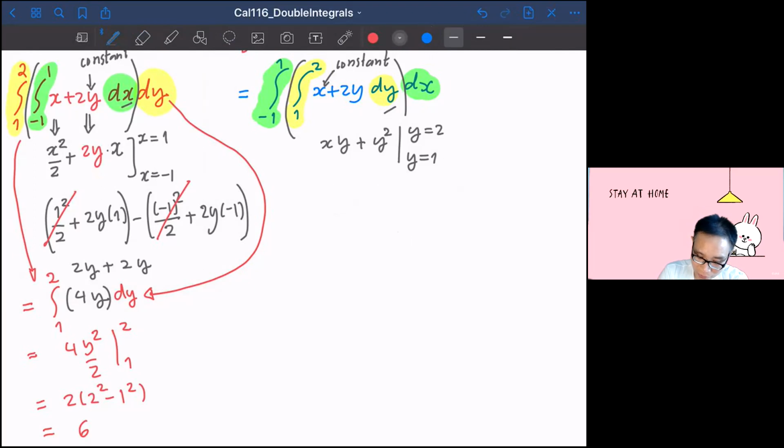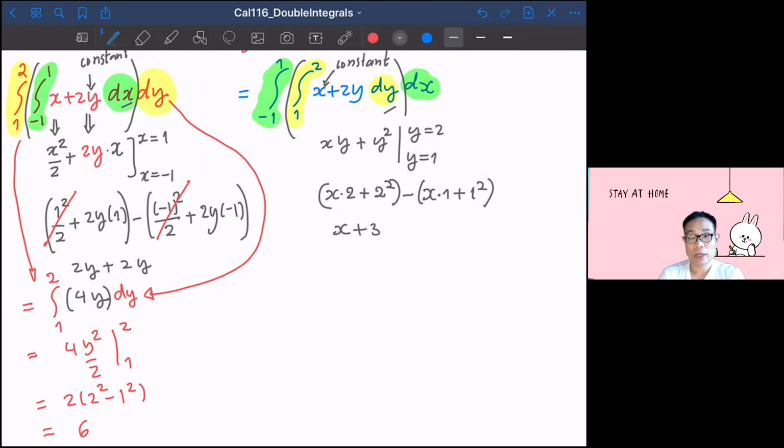So this one is going to be x times 2 plus 2 squared minus x times 1 plus 1 squared. And this will be x plus 3 totally.